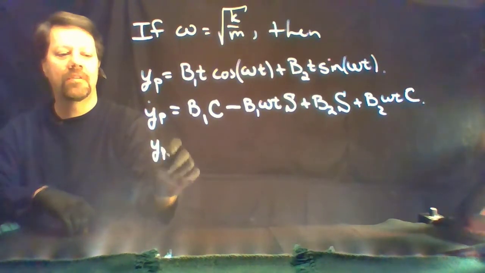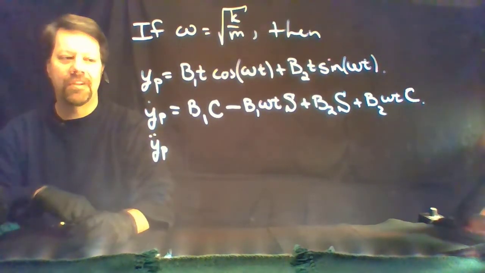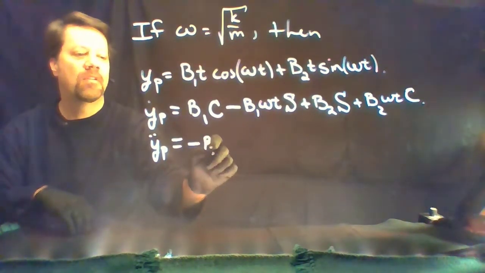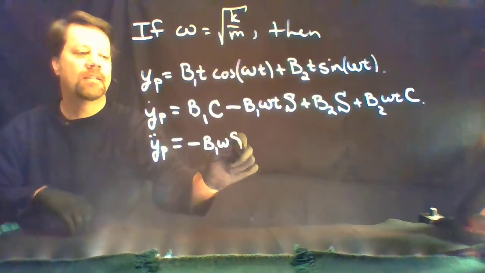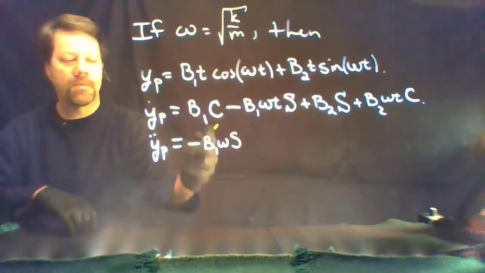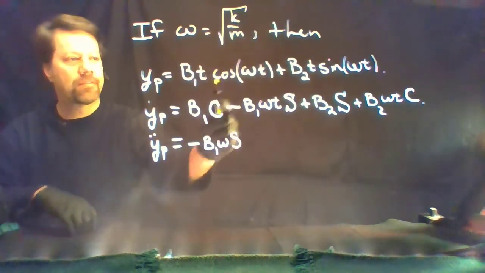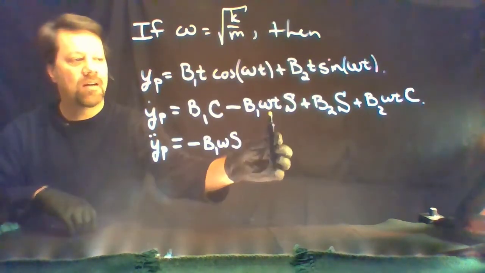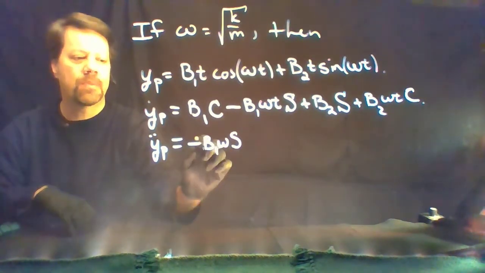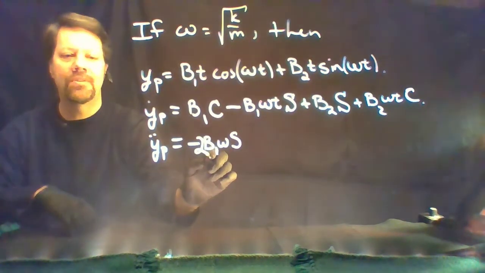Now for the second order derivative. Here we'll get negative b1 omega sine from this term. The omega comes from the chain rule when calculating the derivative of cosine omega t. On this next term, we'll get another one of those when we take the derivative of the first part. So we're going to get two of these.